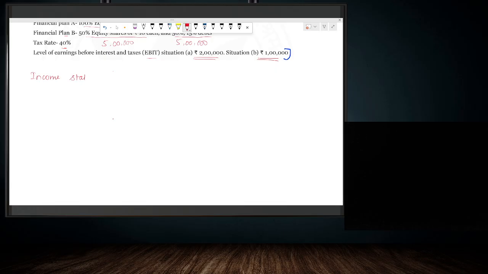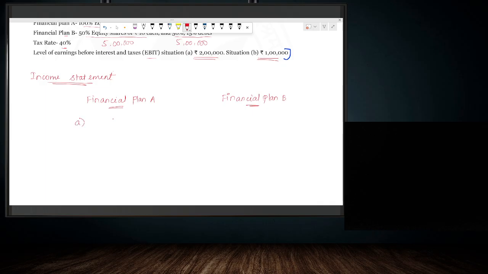Copy it down. Even though you have the solution in the notes, please copy it down. So here how many financial plans do we have? Two financial plans: financial plan A and financial plan B. Now within financial plan A there are two possible situations.